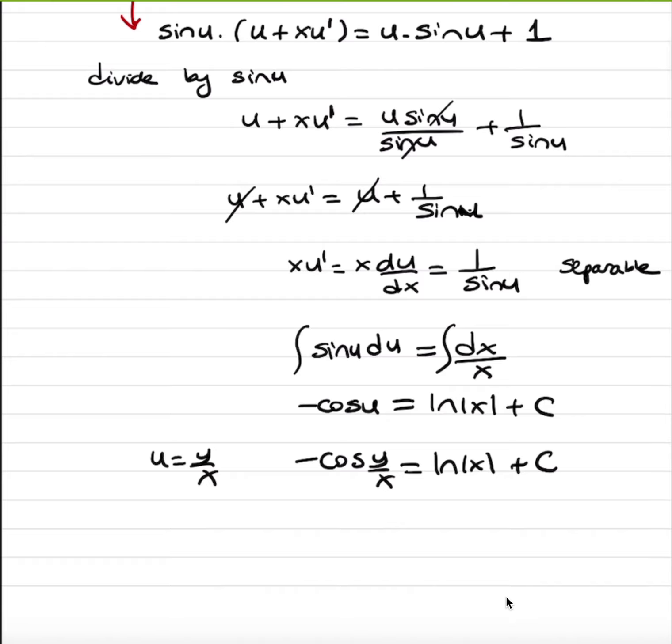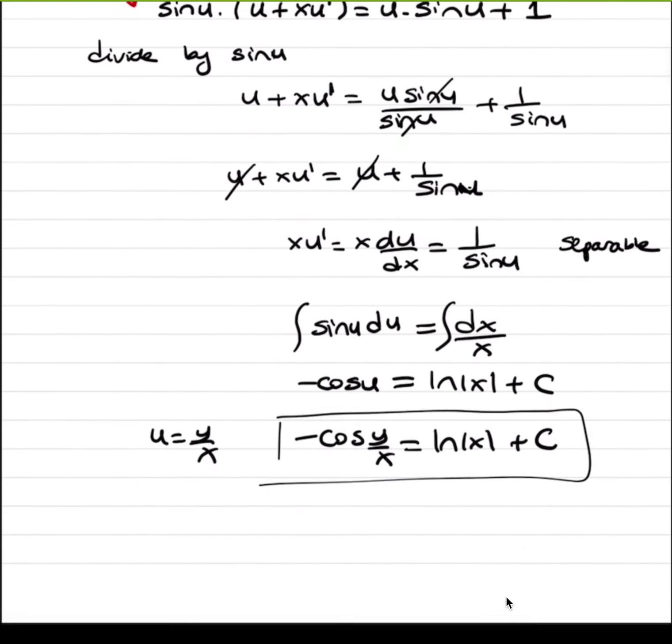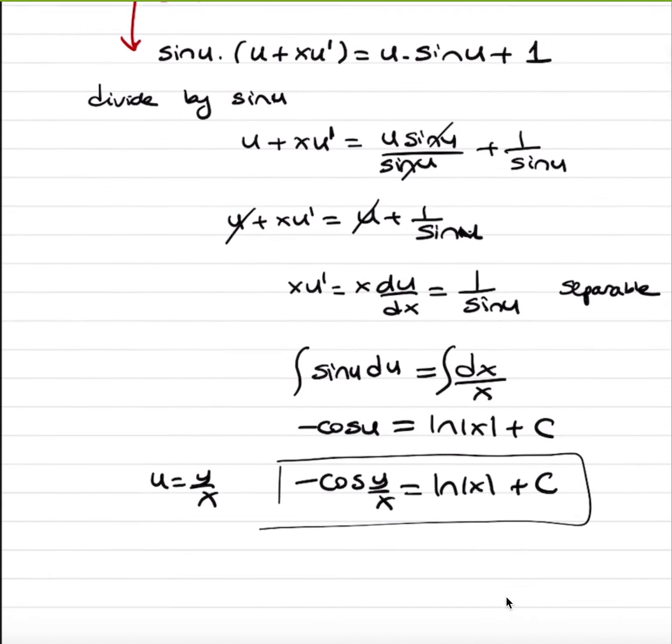You can leave the equation like this. If you want to simplify more, you can do many things, but this is enough, I think. Sometimes instead of c, we write ln c to simplify it more, but we can leave it like this.